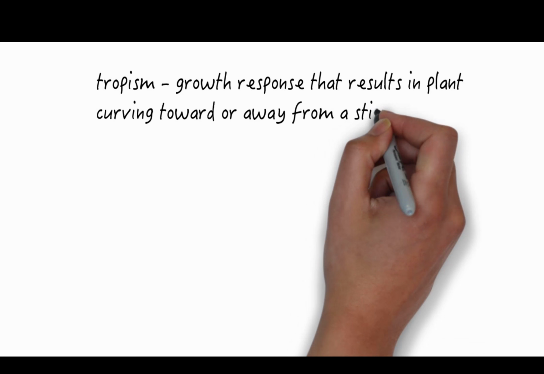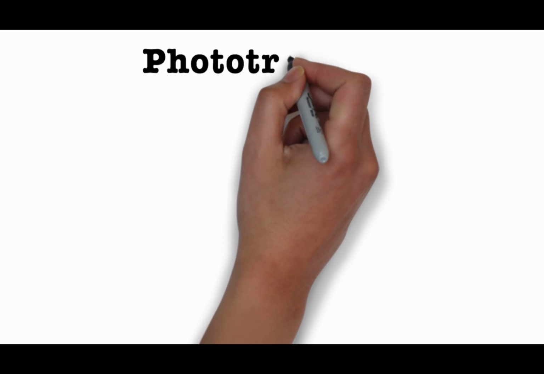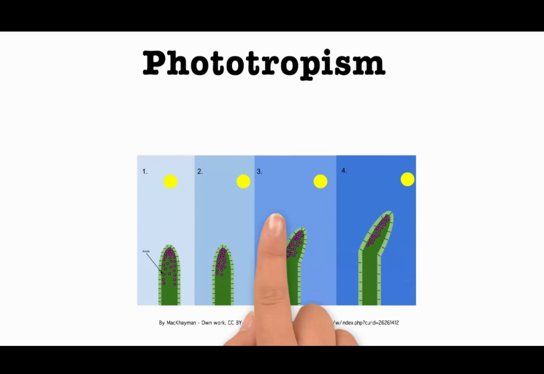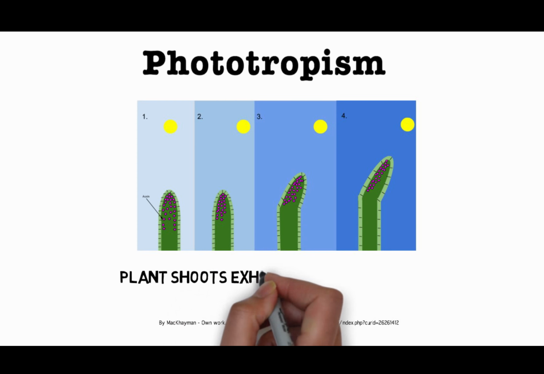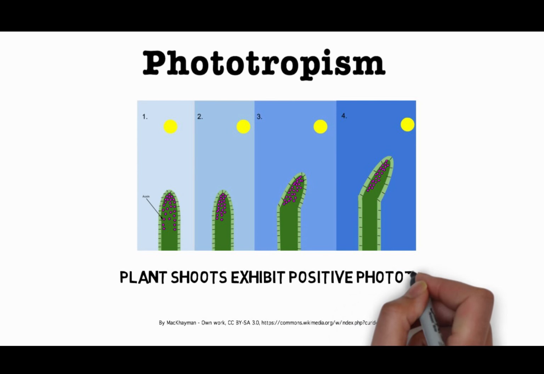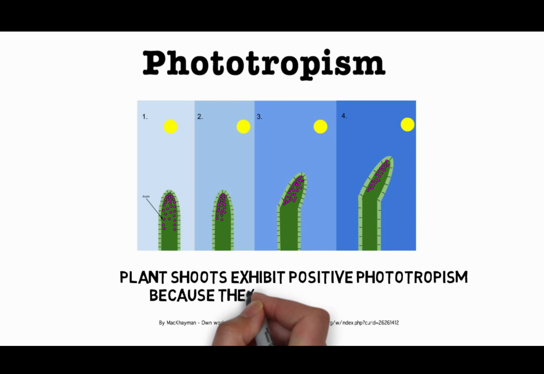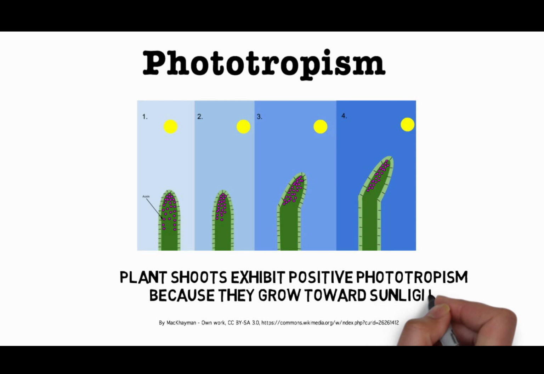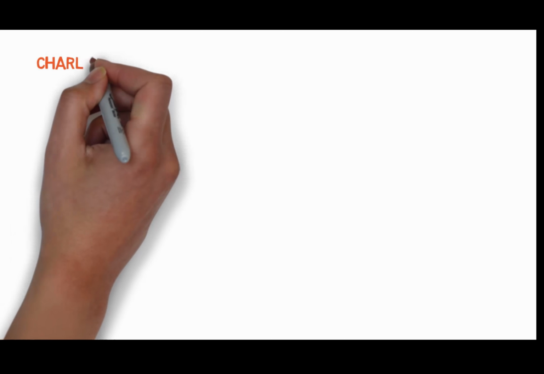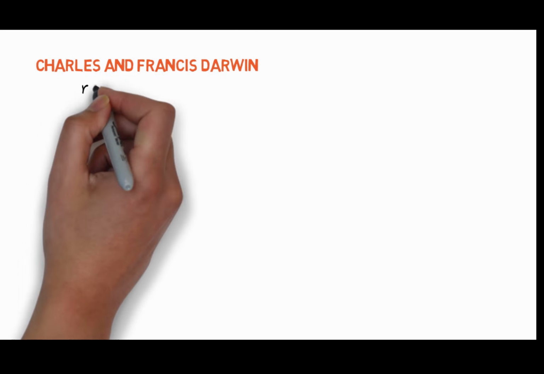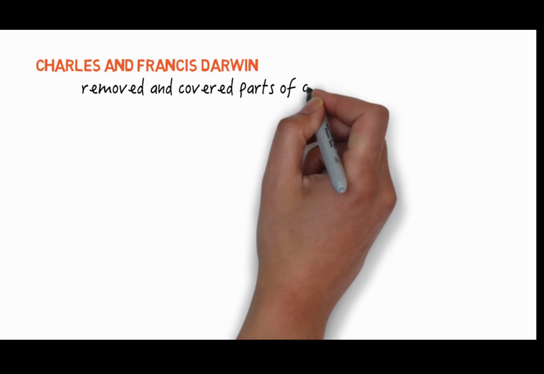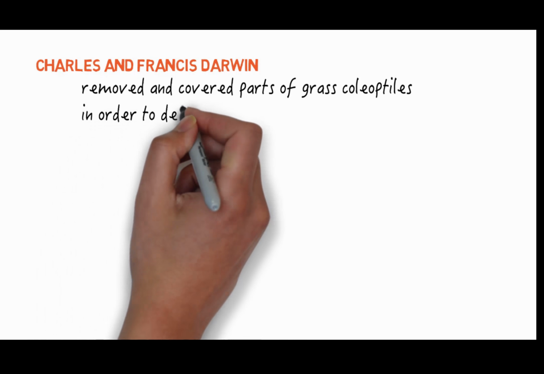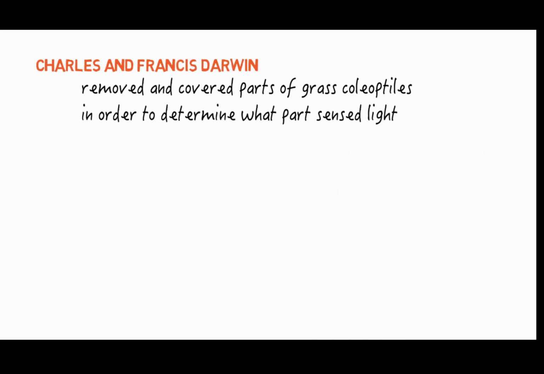Tropisms are growth responses in plants. Shoots exhibit positive phototropism because they grow towards sunlight. In 1890, Charles and Francis Darwin removed and covered grass coleoptiles to determine what part sensed the light.